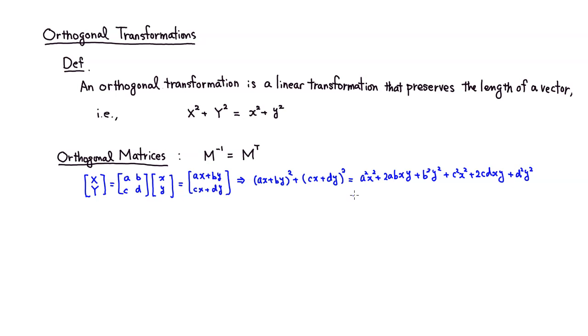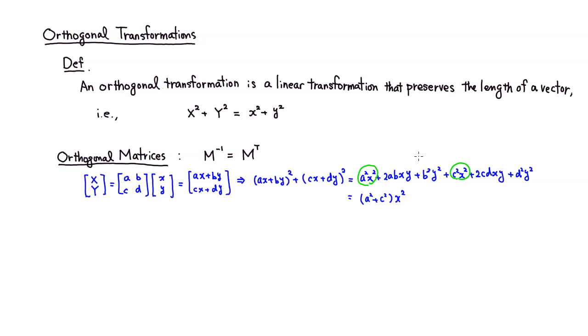Collecting the like terms, there's an x squared term here and an x squared term there, so we have a squared plus c squared, x squared.